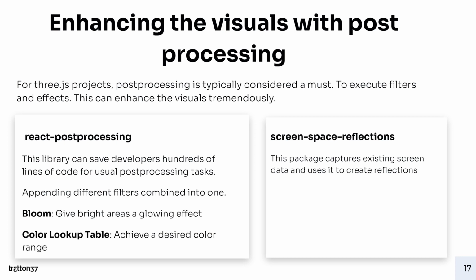But for a Three.js project, you need to do some post-processing. It's a must because a lot of things happen, and you need to do it in a smooth way and add filters and so on. So they actually added React post-processing, a library that you can bind filters with. And they actually do use screen space reflection as well.